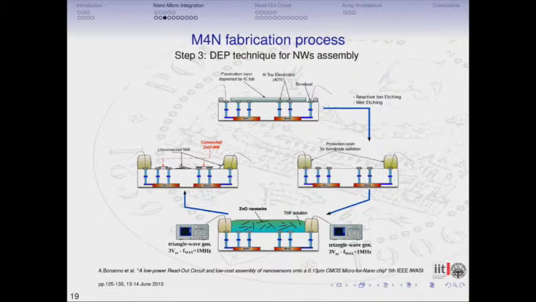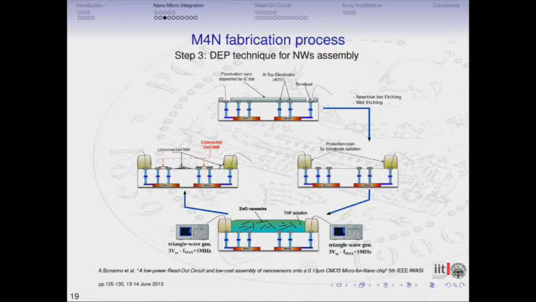Other nanowires are not connected, but are on the silicon surface, so it is not a big issue for the final application. And then you can measure the nanomaterials with the circuit just below the nanosensor.